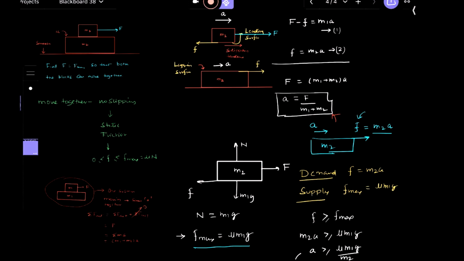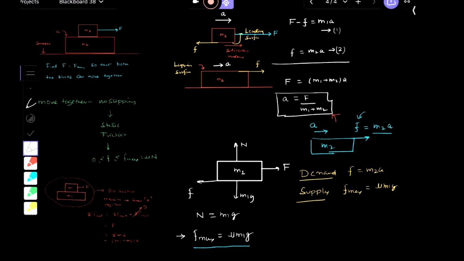Sorry, I wrote it wrong. The maximum demand should be less than the supply, no? If I want friction force to be 20, but it can be 15 only, then slipping will happen.